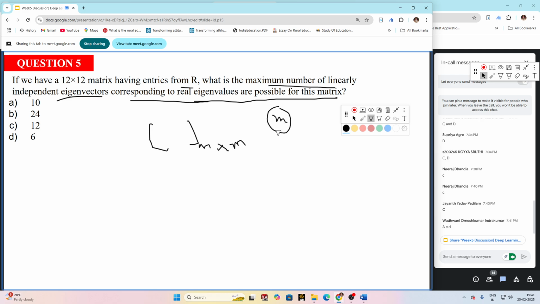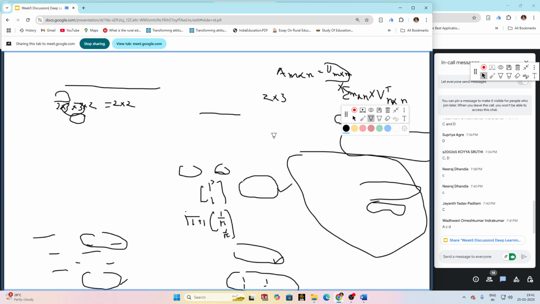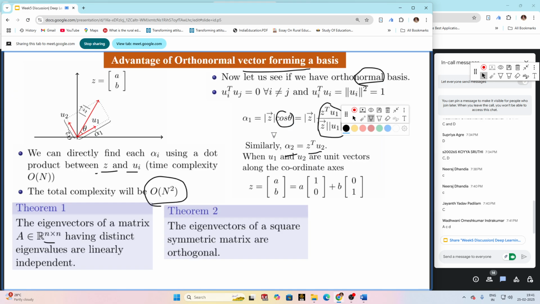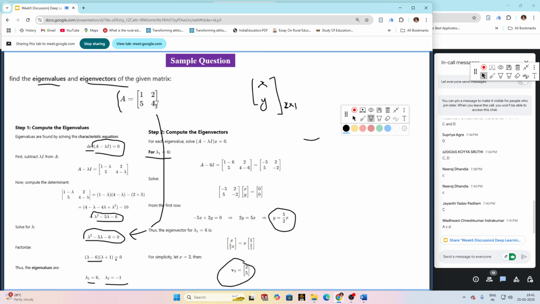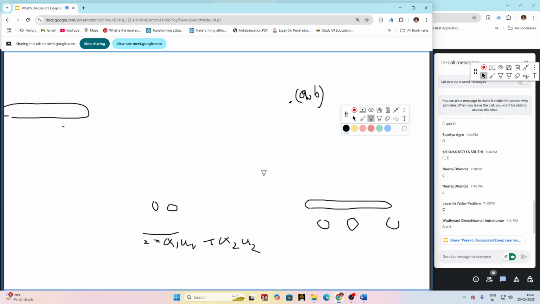Like in our question, we have solved for a 2 cross 2 matrix, and we got 2 eigenvectors, v1 and v2, right? So for an m cross m matrix, we will be getting m eigenvalues and m eigenvectors.